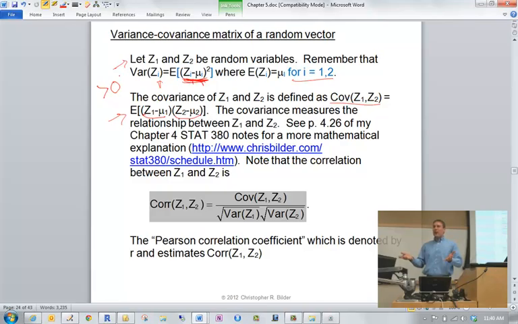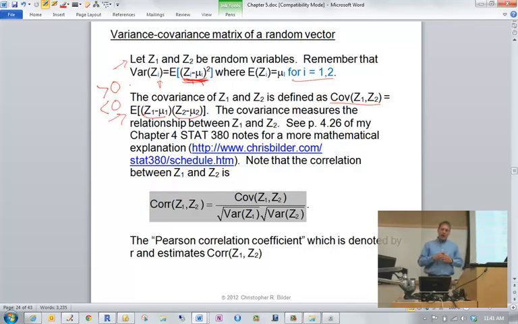Well, if that's your Z1, then as Z1 increases, what would you expect for Z2 to happen? Generally speaking, Z2 would probably go down, and so you would have what's referred to as negative dependence. And in a covariance setting, that would be represented by having a covariance less than 0. When covariance is 0, that basically means that you don't have dependence. You can say independence between the two random variables.